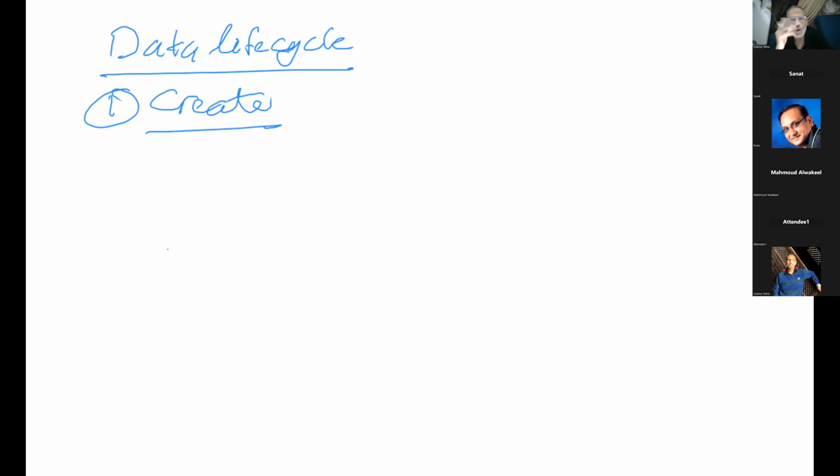If you modify data, for example if you have a database with a specific record and you make some modification in this record, it is considered to be in the create phase.